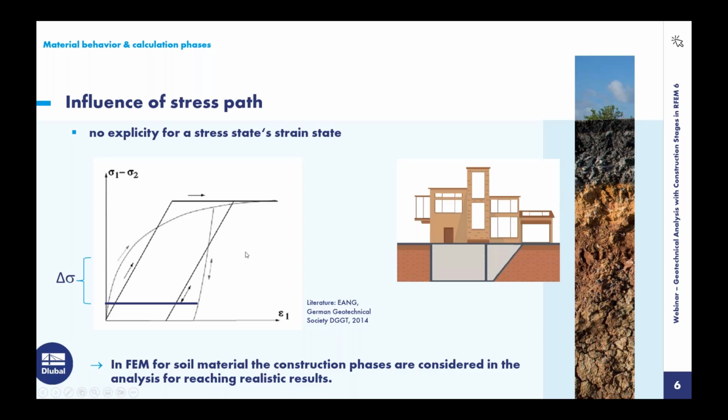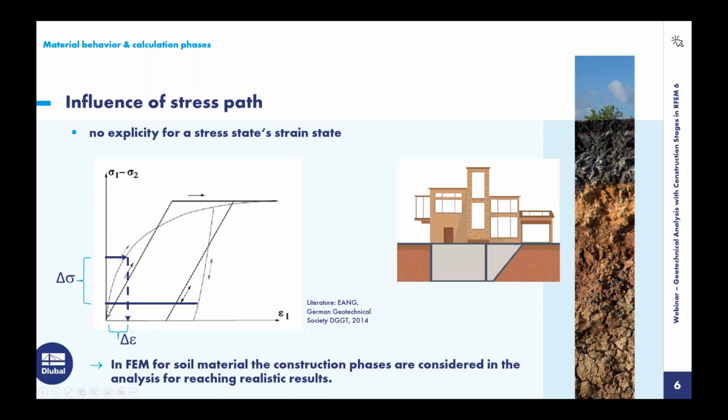If we now think about applying a load to our element, we can see the stress path dependency. If the soil is reaching this level of load for the first time, it will deform with the stiffness of the first loading, and we will have this strain.